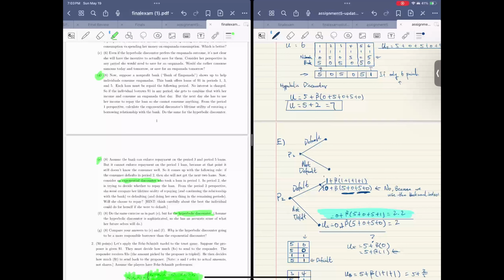So if you default, you can save or not save, right? So if you save, it's 0 plus, so that's period 2, 0 plus 5 plus 0 plus 5 plus 0.